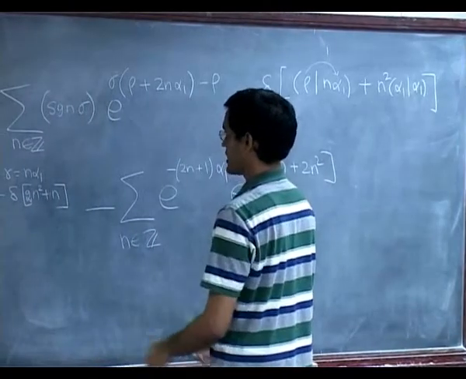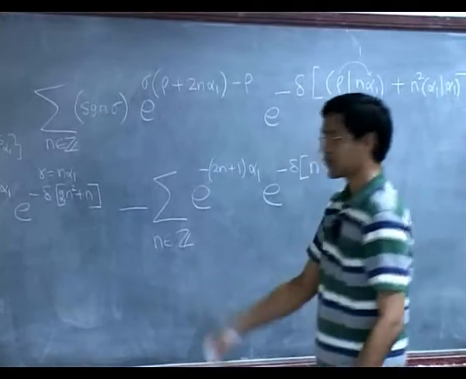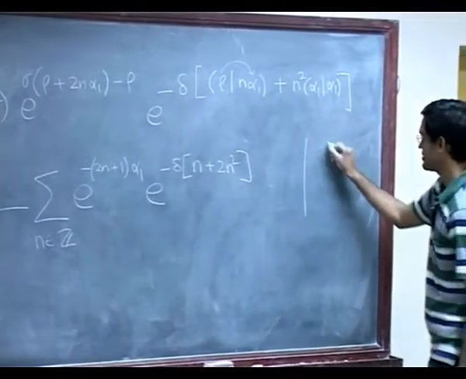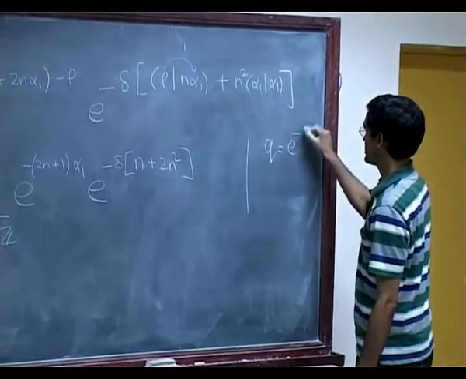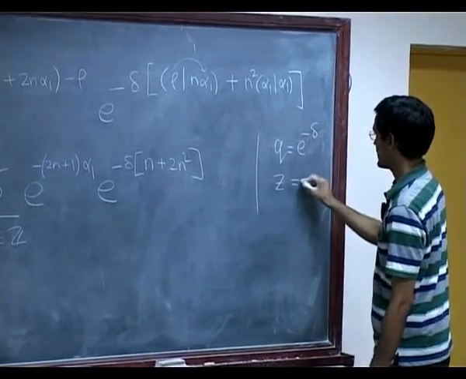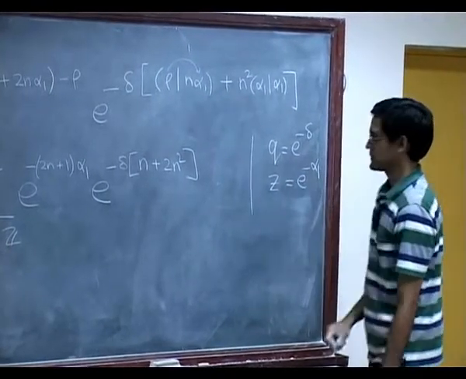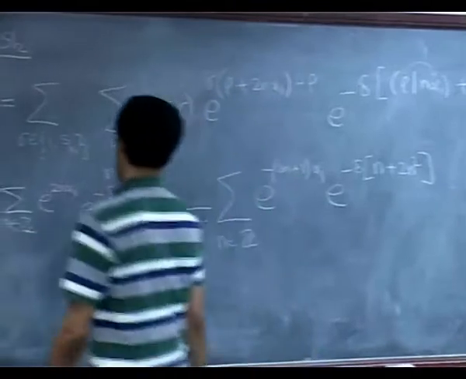Okay, and now let's use our usual choice of variables. Q denotes e to the minus delta. Q was e to the minus delta, and we said Z was e to the minus alpha 1. Right. So let's try and match this up.